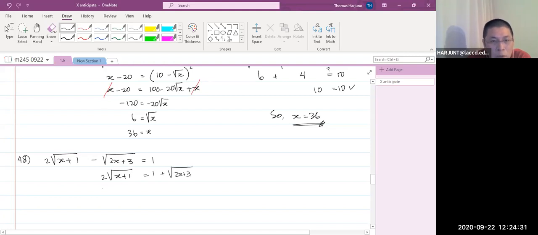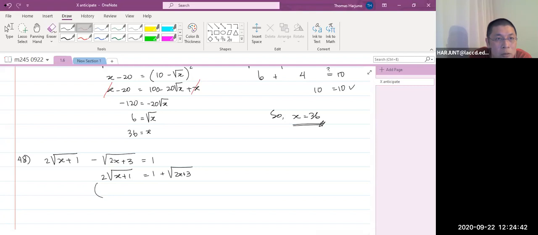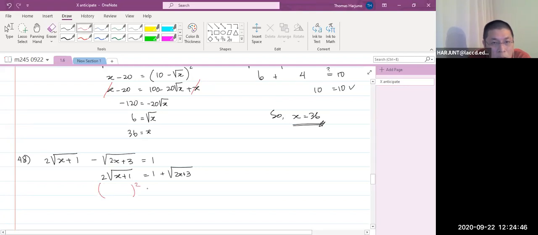Okay, I will square both sides here, so I will get 4 times x plus 1. Maybe I'll write it down so that you see what I did there. This is something squared. This is something squared. 2 square root of x plus 1 equals 1 plus square root of 2x plus 3.